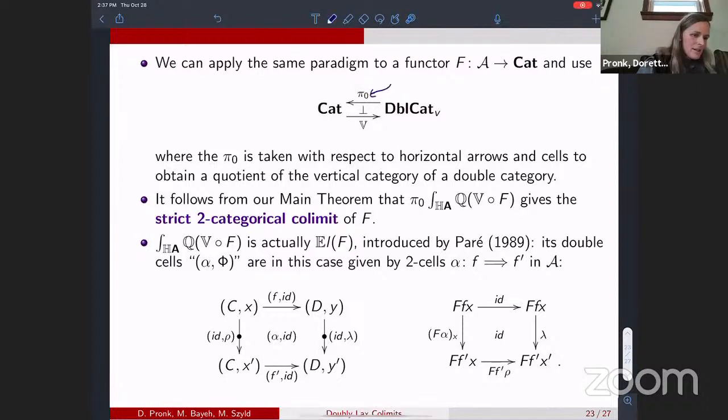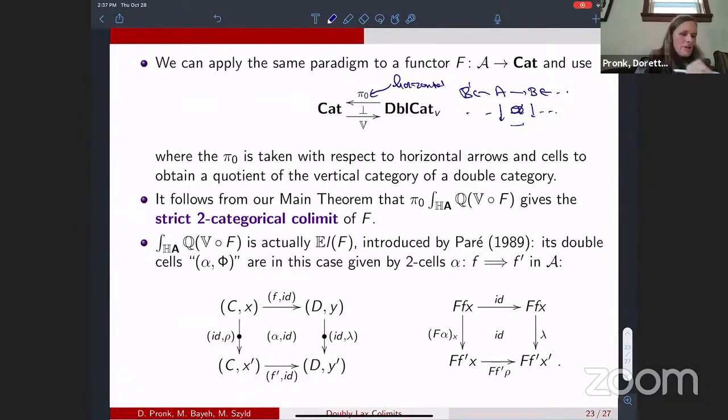That means that I identify objects if there are horizontal arrows between them. And I identify vertical arrows if there are cells between them. So this is just a horizontal quotient.